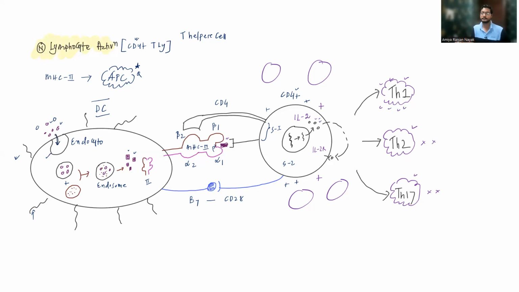Now this Th1 lineage will produce cytokines like interferon gamma. Once they produce interferon gamma, there will be recruitment and activation of the macrophages, and further activation of the macrophages is also caused by the CD40 ligand and CD40 receptor interaction.